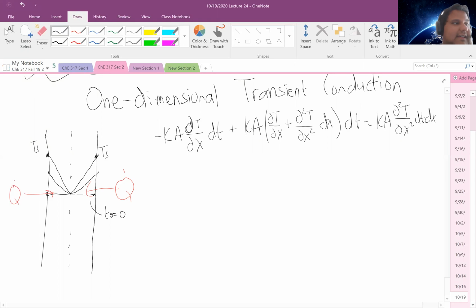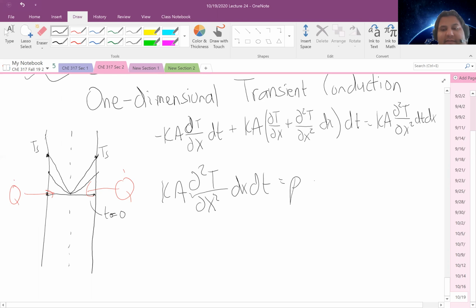And this results in our analysis. And so we can simplify it by saying the remaining heat transfer is going to be a function of the material itself, i.e. density and heat capacity considerations.